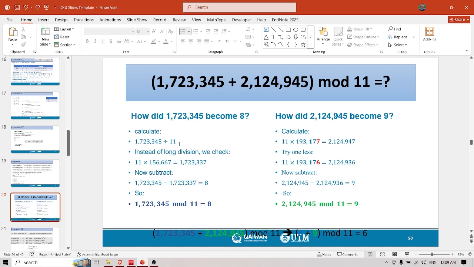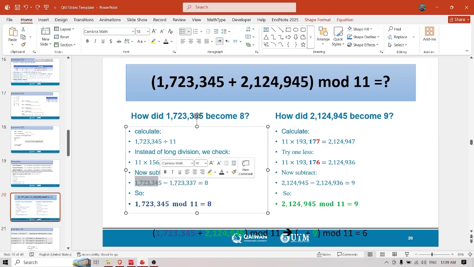However, instead of a long division, we check this. We will say 11 multiplied by 160 is equal to this. Now we will subtract these two, we will get 8. So now this number mod 11 is this.